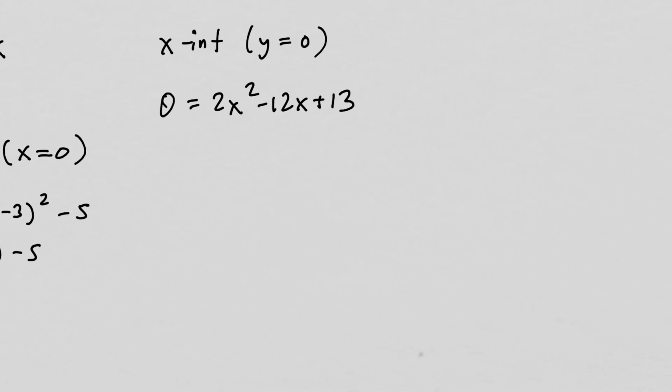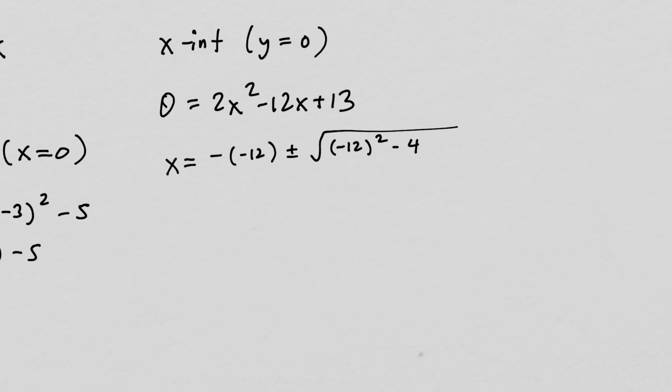You can try factoring. In this case, this is not factorable, so we're just going to go ahead and use the quadratic formula, which is going to be negative negative 12 plus or minus the square root of negative 12 squared minus 4 times 2 times 13, all divided by 2 times 2.